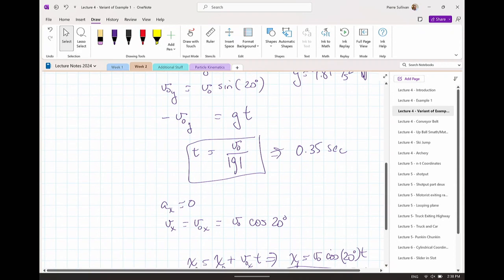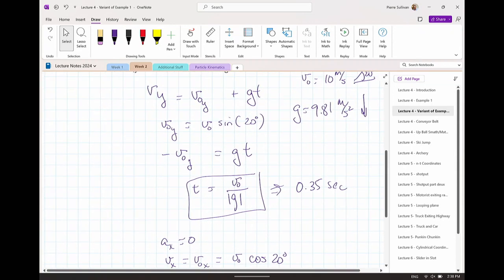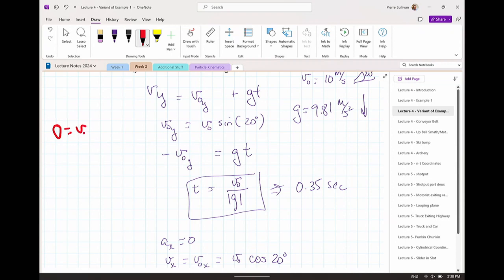So V naught y, oh yeah, it's V naught y. Because what I've done, not very expertly, is say 0 equals V naught y plus gt. Then I'm going to say minus V naught y equals gt, but then recognize that minus V naught y equals minus 9.81 t.